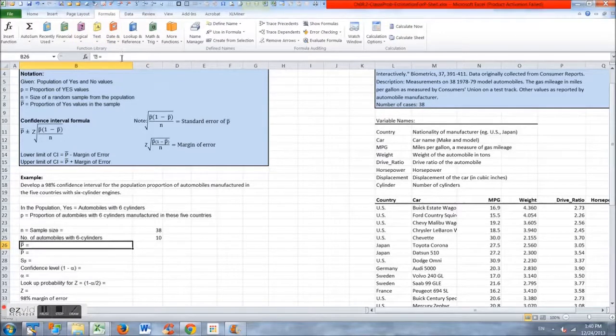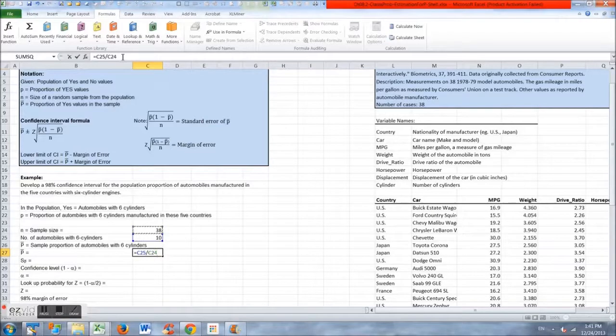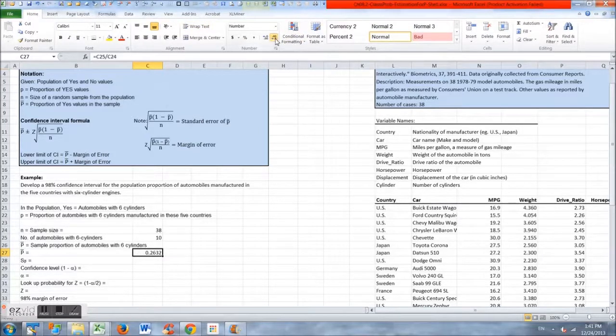So p bar here is the sample proportion of automobiles with 6 cylinders, and that p bar is the number of automobiles with 6 cylinders divided by the total sample size. That is our p bar. So let's format it. Now the standard error of p bar is that formula.